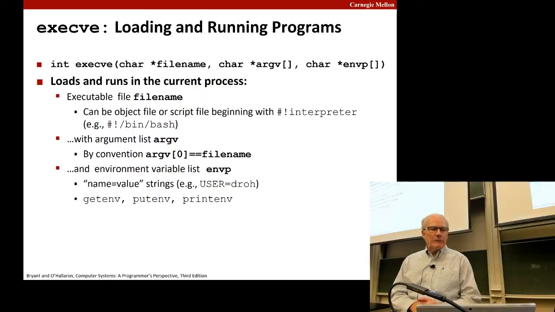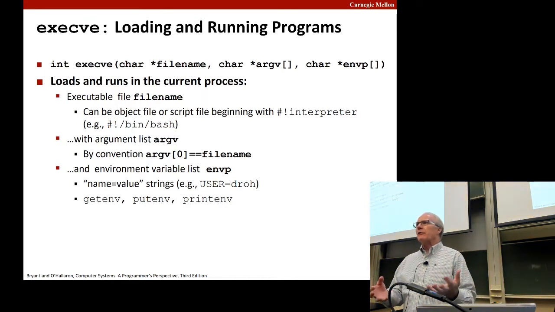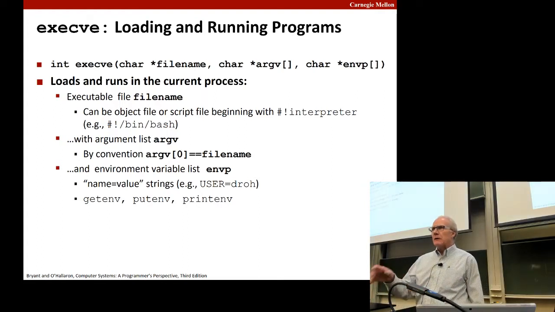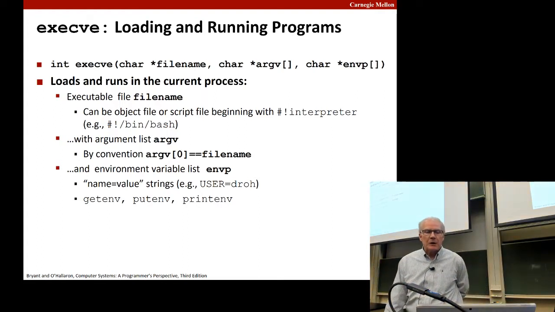In general, the file name is the name of a program, and that can either be a binary executable file or some type of script. If you've ever looked at the beginning of a script, say in shell script or Python or Perl or any of those languages that support scripting, you'll see it begins with a pound sign, exclamation mark, and then the path name, the location of the interpreter, like Python, Perl, Bash, or whatever scripting interpreter exists for that.